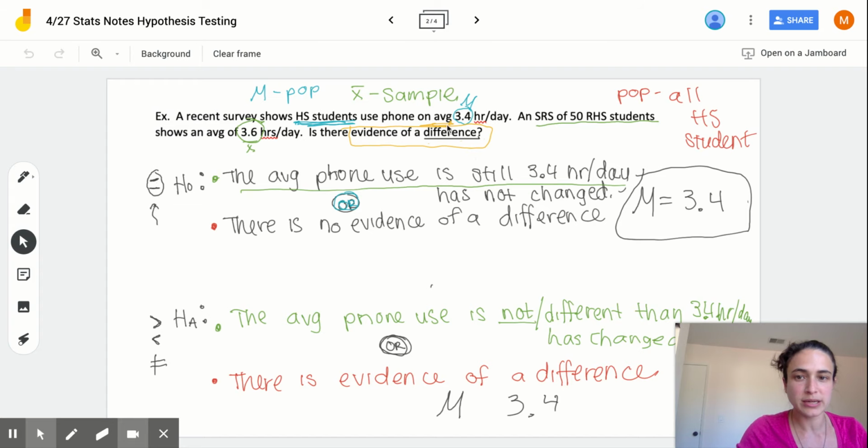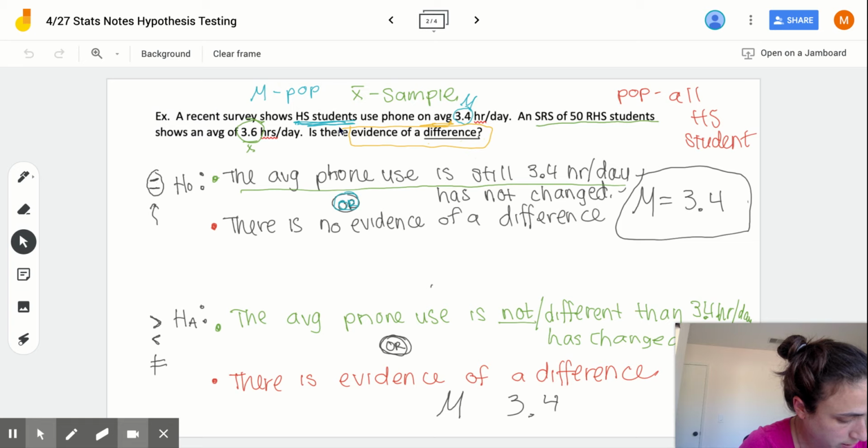So in this case, if you see what I highlighted in yellow, it says, is there evidence of a difference? So is there evidence of a difference does not claim to know whether the number has increased or decreased, okay? It doesn't say one way or another. Yes, I can see that the number has increased, but that's not what I'm talking about right here. I'm talking about a hypothesis, which happens before we know all the rest of the information.